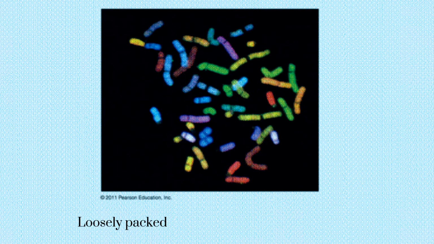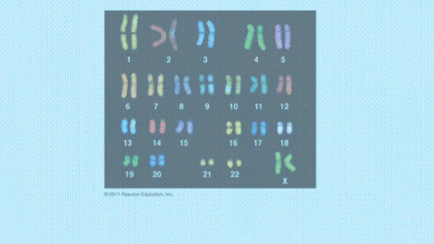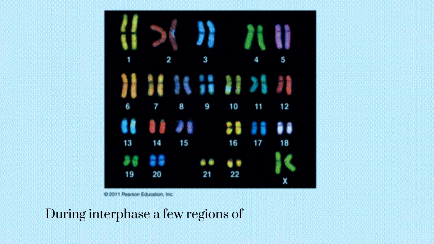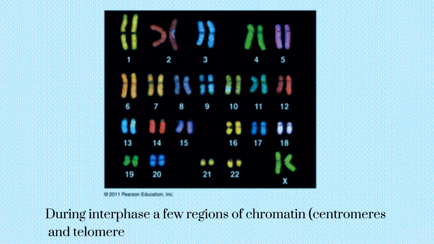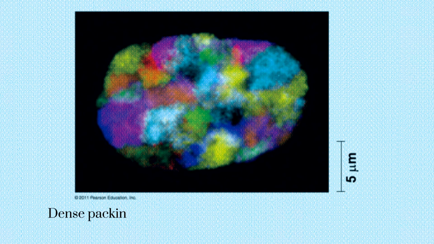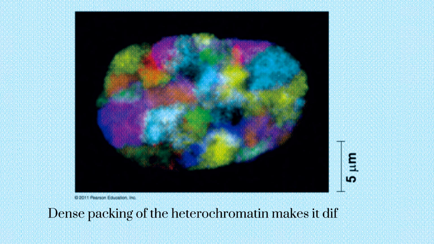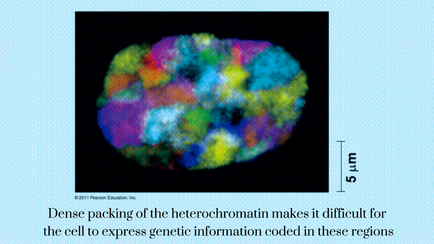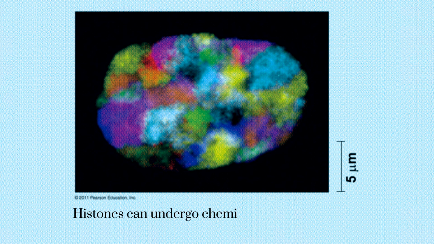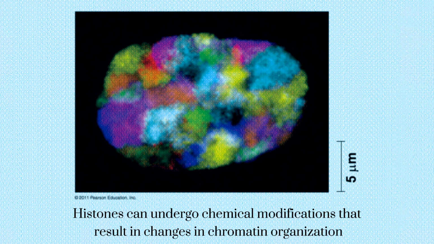Loosely packed chromatin is called euchromatin. During interphase, a few regions of chromatin, centromeres and telomeres, are highly condensed into heterochromatin. Dense packing of the heterochromatin makes it difficult for the cell to express genetic information coded in these regions. Histones can undergo chemical modifications that result in changes in chromatin organization.